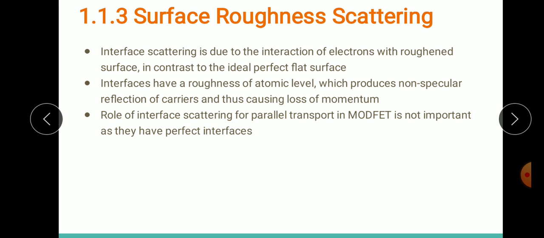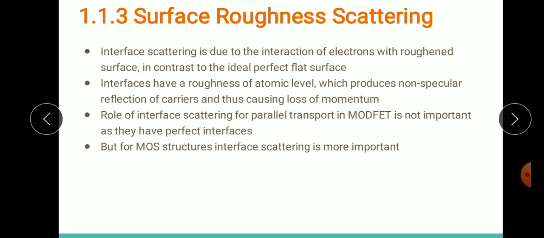We have seen various techniques for manufacturing MOSFETs, right? So basically we have MBE, the molecular beam epitaxy method of fabrication of MOSFETs. These methods are so precise that the interfaces formed from these methods are perfect interfaces. We don't have any scope for roughness in the case of MOSFET. But that is not the case in most devices.